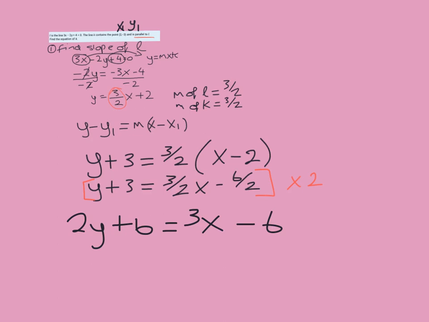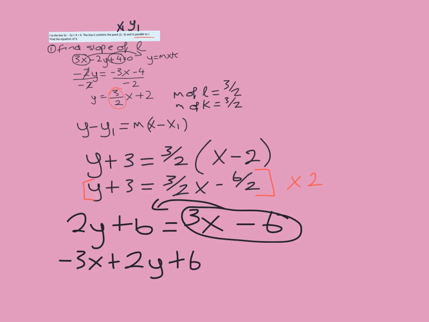And then I'm just going to bring these over to the far side. So that's going to give me minus 3x plus 2y plus 6, and then I have plus 6 because that minus 6 becomes a plus 6. So I have minus 3x plus 2y plus 12 equals 0.